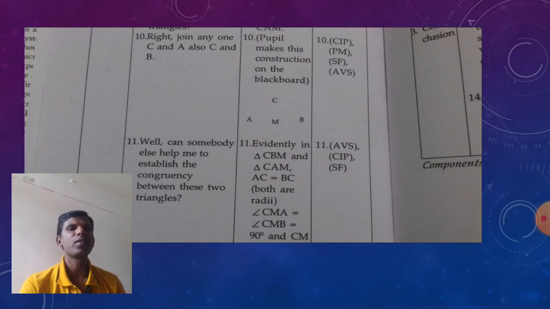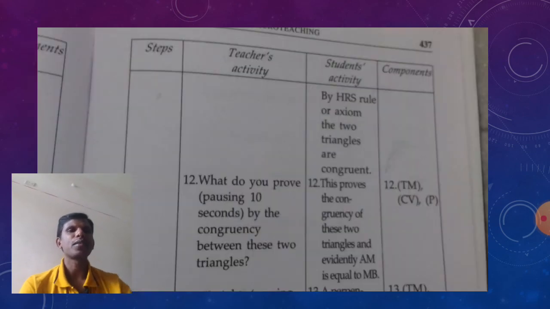Evidently, in triangle CBM and triangle CAM, AC is equal to BC, both are radii, angle CMA is equal to angle CMB is equal to 90 degrees, and CM is common. Automatically audio switching, change in interaction patterns, switching sensory focus. By this RHS rule or axiom, the two triangles are congruent.